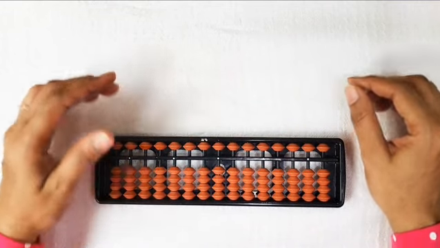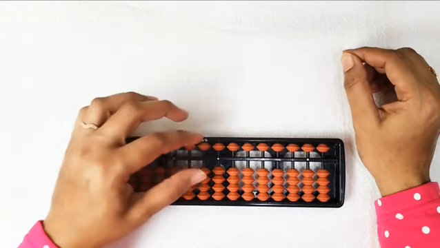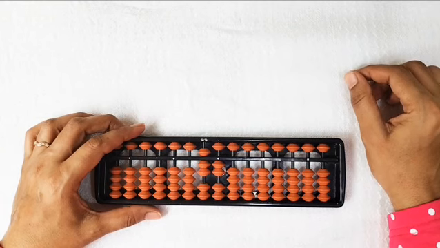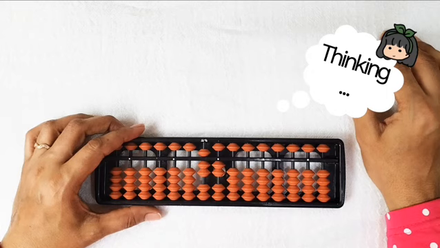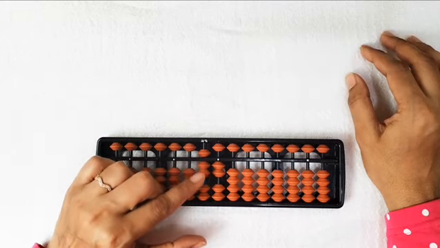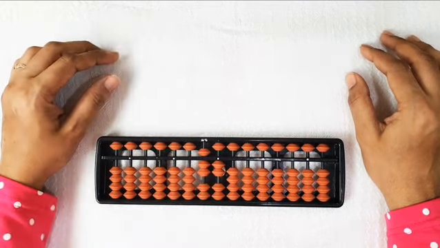72 less 31. 72 less 31. We'll go one step at a time. Less 30. Do I have enough beads here? No, I need 3 beads. I don't have. So let's follow the statement.